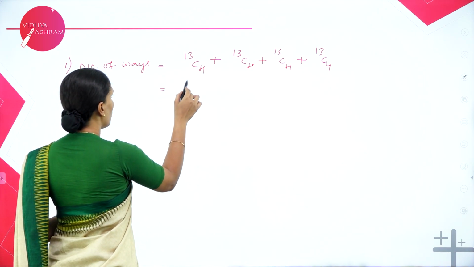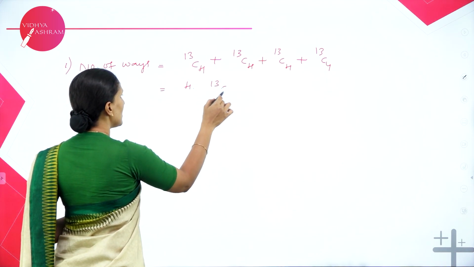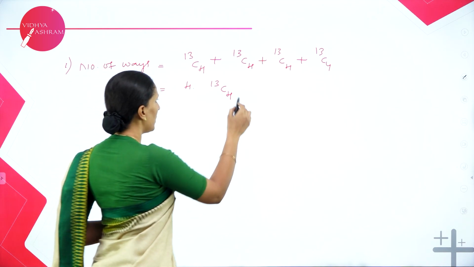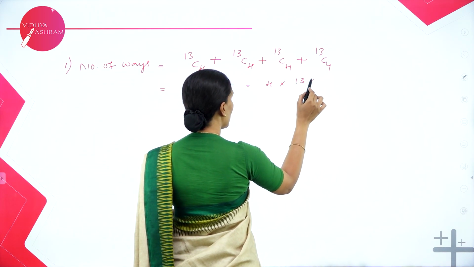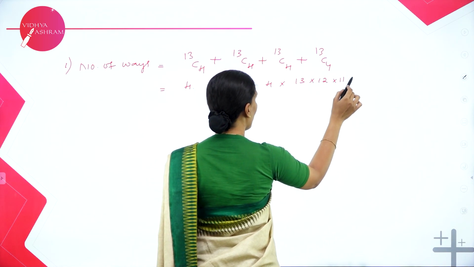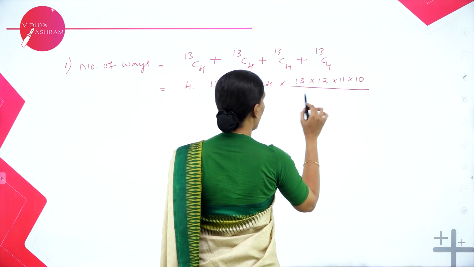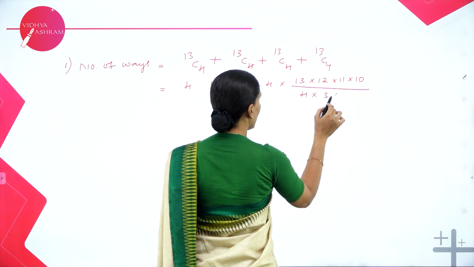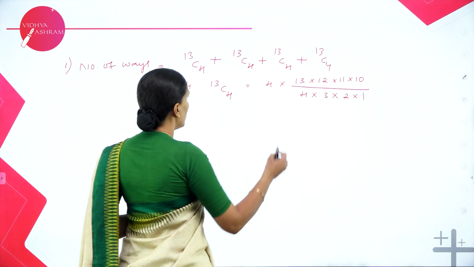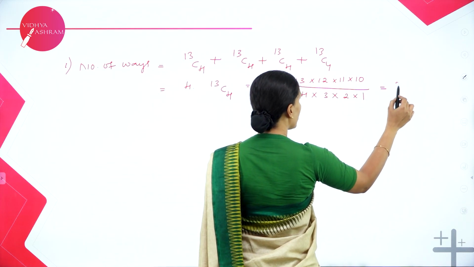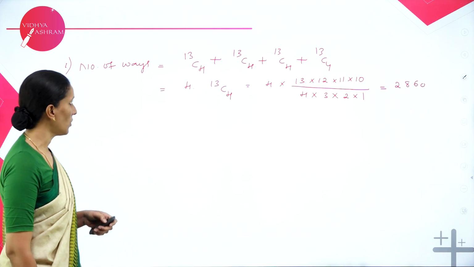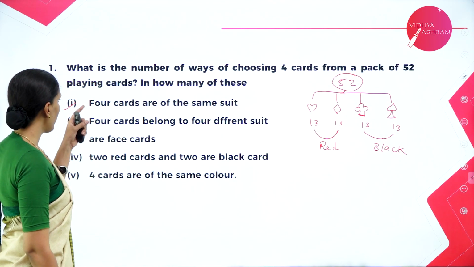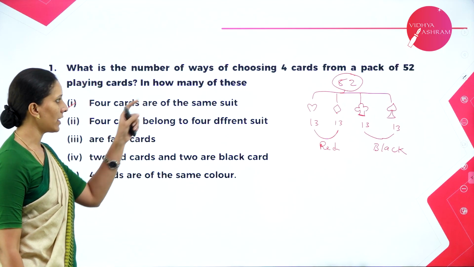So here it is 4 times 13C4, which can be written as 4 into 13C4, and 13C4 is 13 into 12 into 11 into 10 whole divided by 4 into 3 into 2 into 1. So evaluating this, you will get 2860 after simplification. So the number of ways where we can select all the 4 cards of the same suit is 2860.